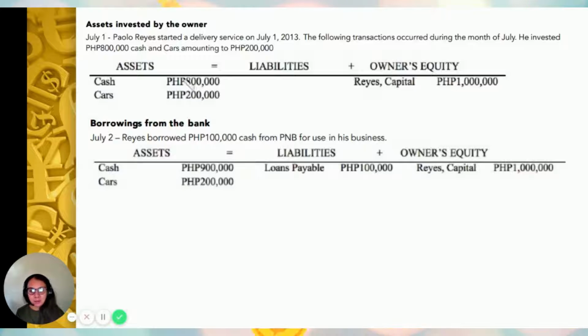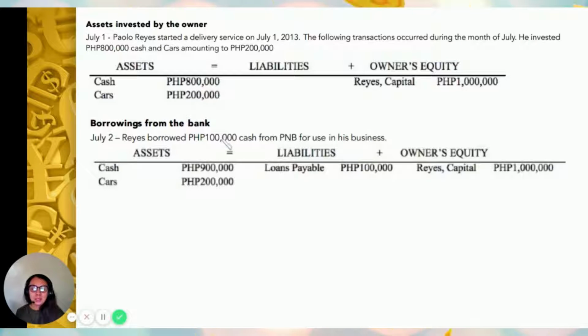That means from 800,000 cash that we had on July 1st, it will increase by 100,000. That's from the loan that we got from the bank. So 800,000 cash plus 100,000. Now our cash is 900,000. Okay?